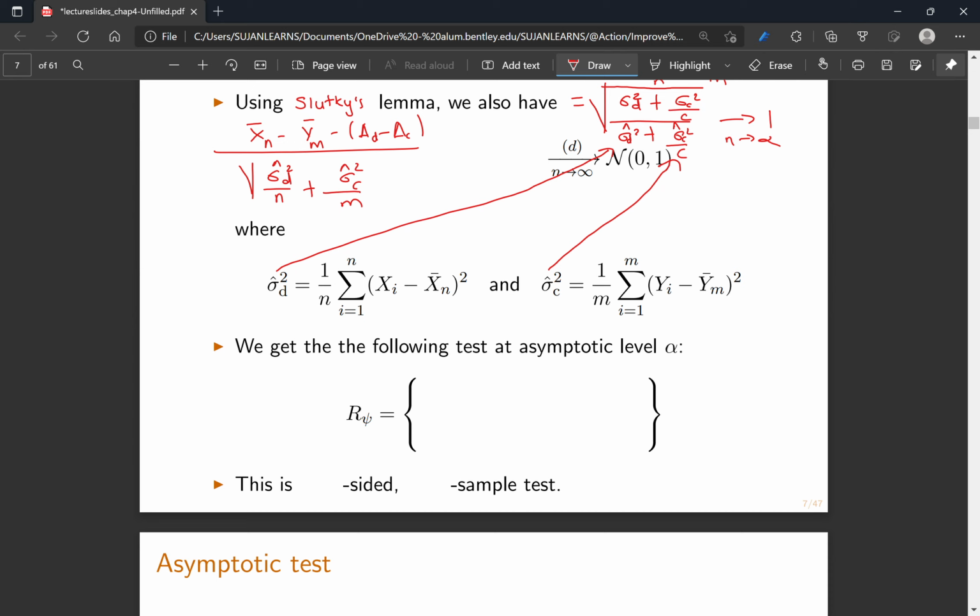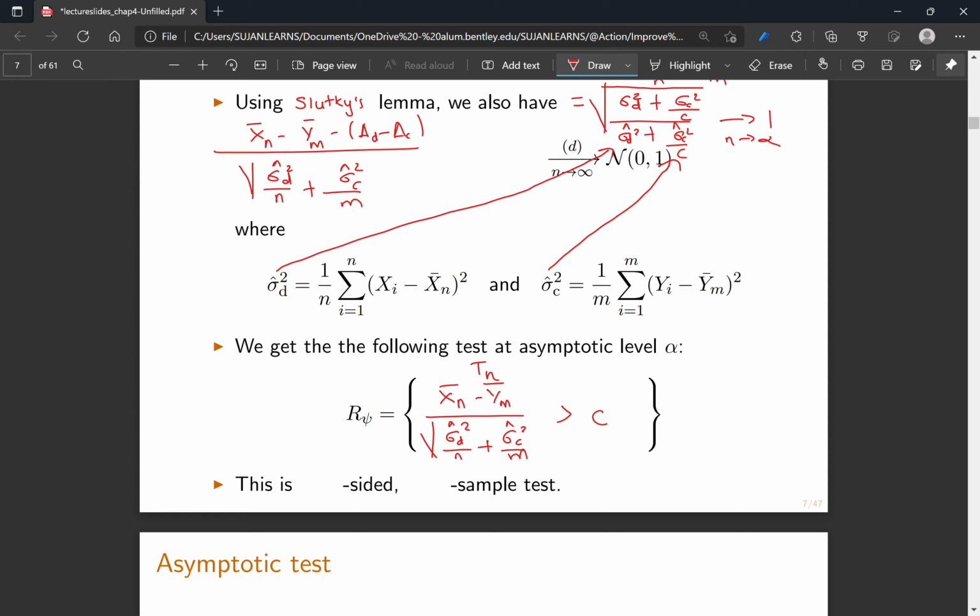Therefore Tn becomes x hat n minus y hat m, divided by the square root of sigma d squared over n plus sigma c squared over m, and it is greater than c. It is some threshold value. So what is c here?